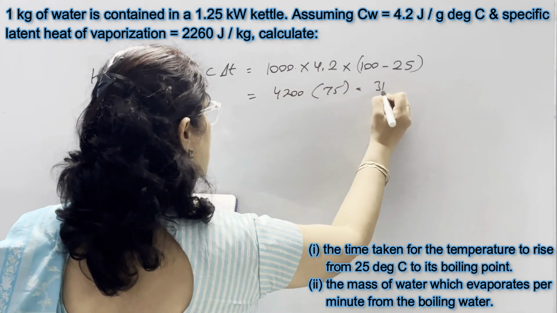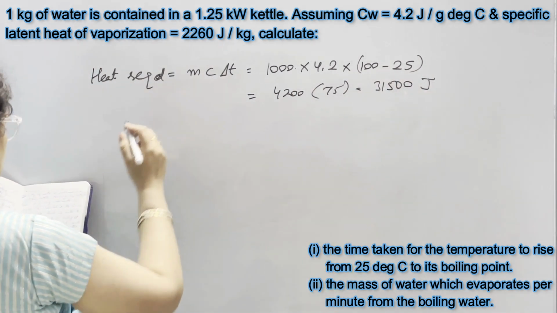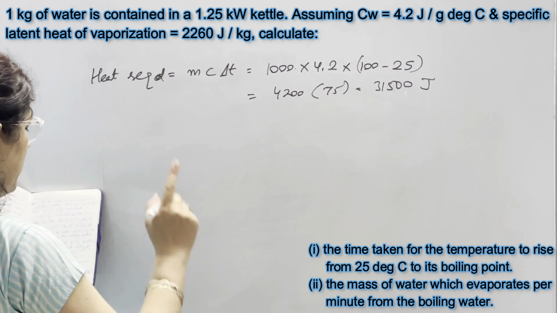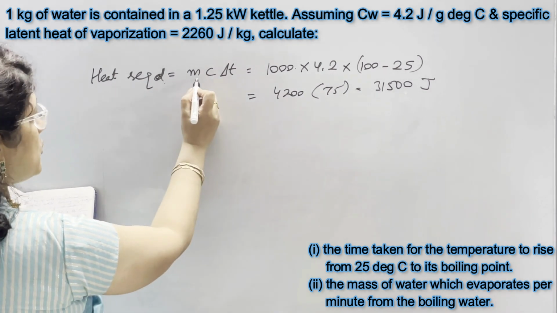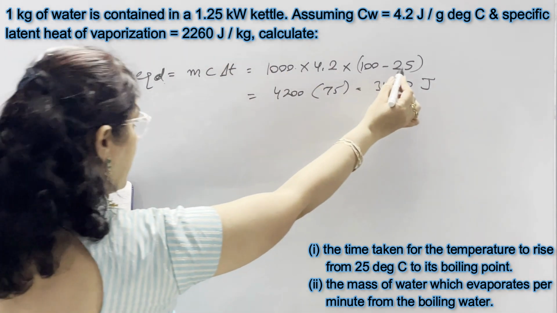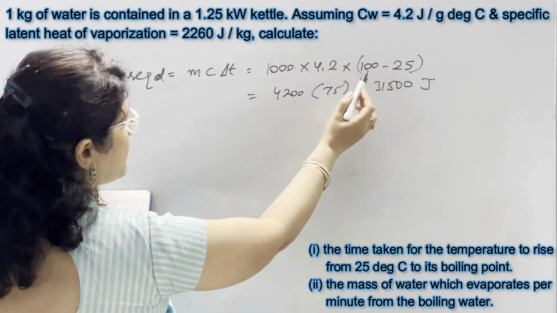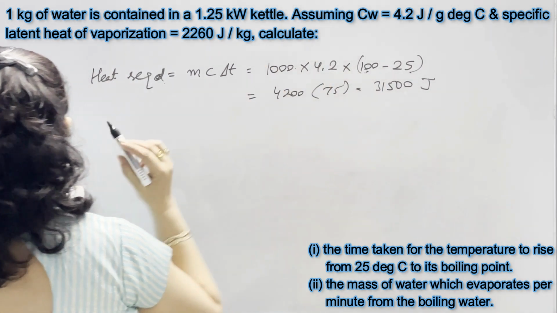After calculation we will get 31500. This much joule of heat energy is required for 1 kg of water to rise from 25 degrees Celsius to its boiling point. This is not given directly, but we know that the boiling point of water is 100 degrees Celsius.